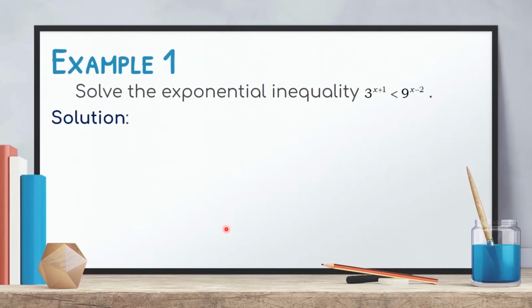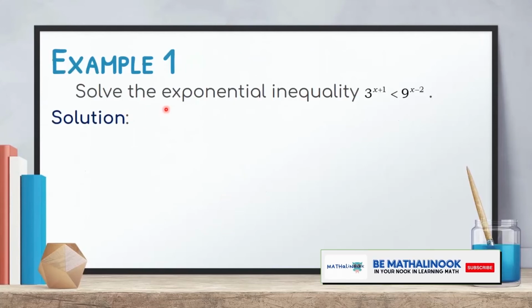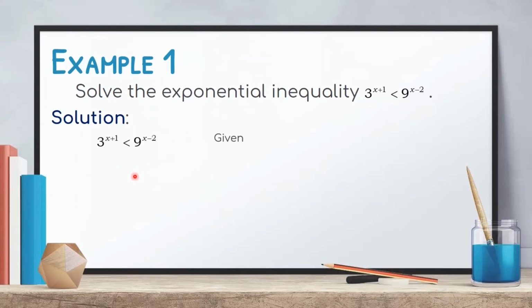Let us take an example. Solve the exponential inequality 3 raised to x plus 1 is less than 9 raised to x minus 2. From the given, notice that the bases are not equal. However, remember that 9 can be expressed with base of 3 because 9 is equal to 3 squared.